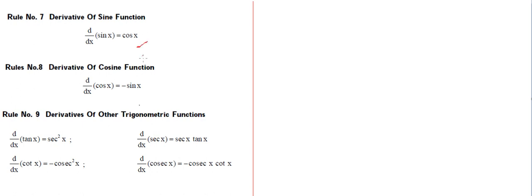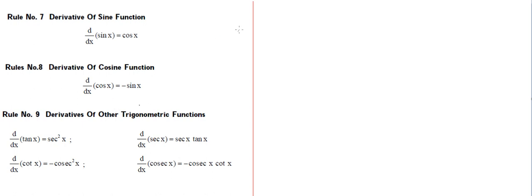And how these things come about is a matter of mathematics. In mathematics you will learn how these come about, and for that the basic formula that we have talked about, f of x plus delta x minus f of x upon delta x, with limit delta x tending to 0, is the basic formula. Using that you can derive all these derivatives, and you will do that in mathematics.